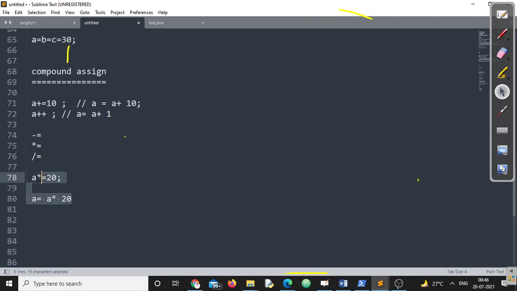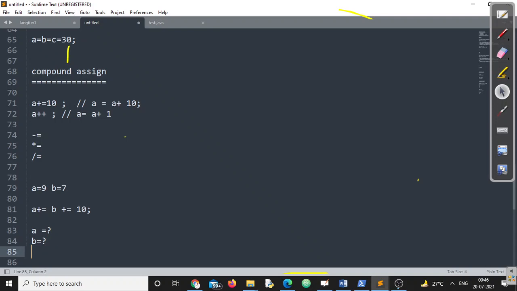Okay. Now, the next important thing. Suppose there is an expression, I am writing a is equal to 9. Listen very carefully. B is equal to 7. Now, I am writing a plus equals to b plus equals to 10. Now, the question is, what will be the value of a? What will be the value of b?